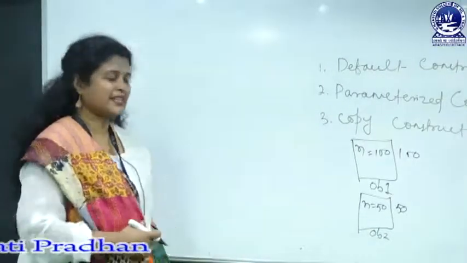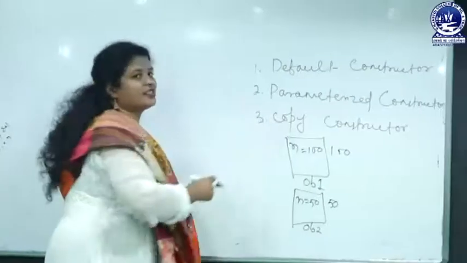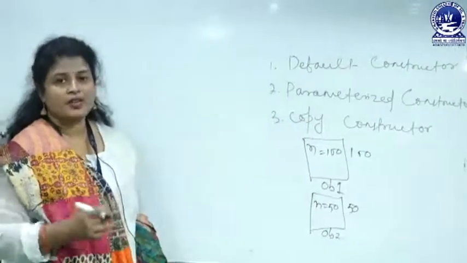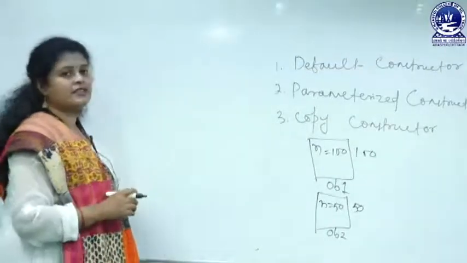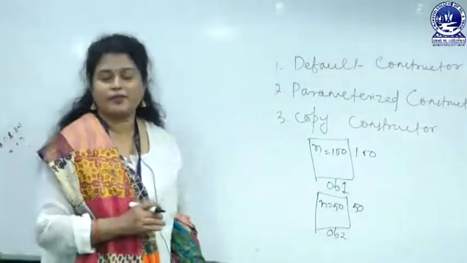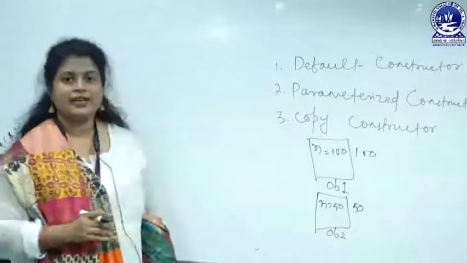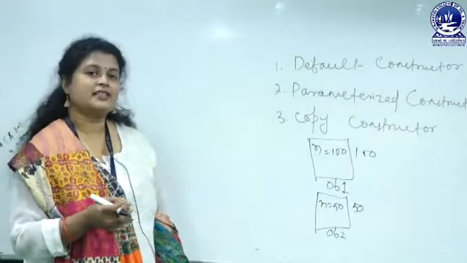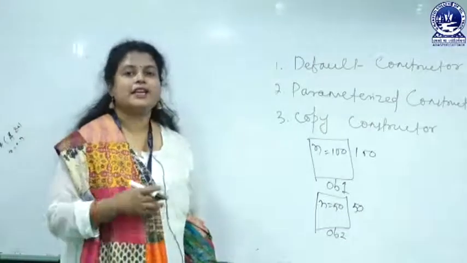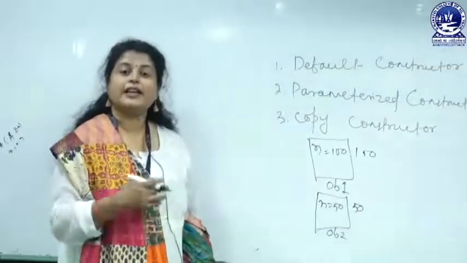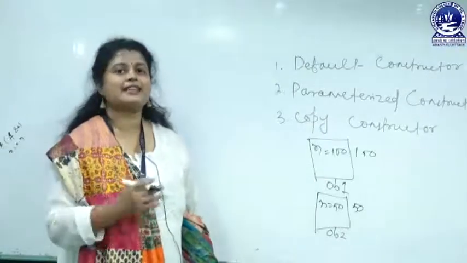Now I am going to explain copy constructor, which is a very important concept in C++. Copy constructor is slightly different from default and parameterized. We may say that a copy constructor is also a type of parameterized constructor, but the difference is that a copy constructor takes an object as argument.